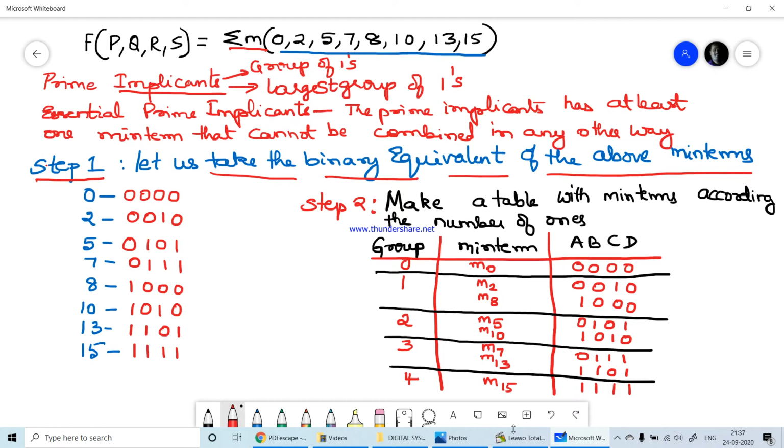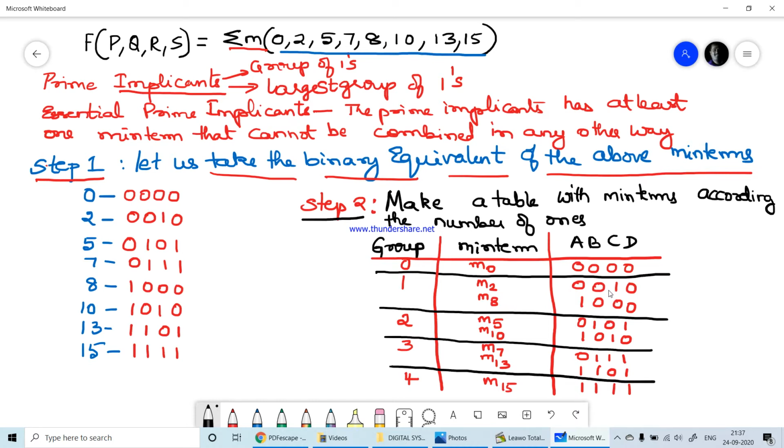So this is our step 2, where we make a table with min terms according to the number of ones present in the bit sequence of the given min terms. Here we have all zeros, so that is group 0. Then group 1 has M2 and M8, which have only one 1 in their binary sequence.